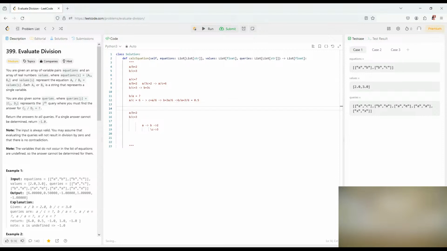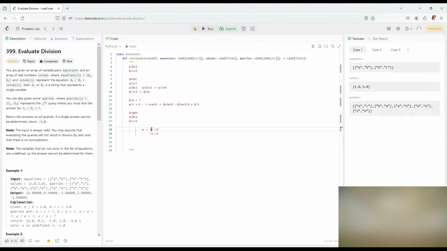So I understand how it's done mathematically, right? This is the math part, let's call it the math part. But obviously we need some kind of graph or algorithm to do it with any numbers and any amount of equations and find anything we want from here.